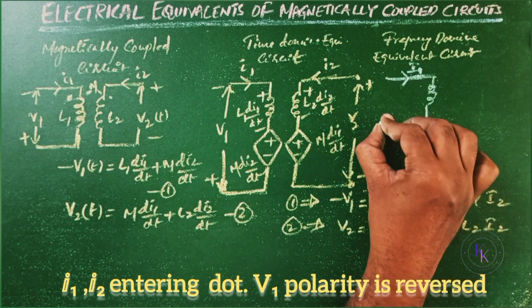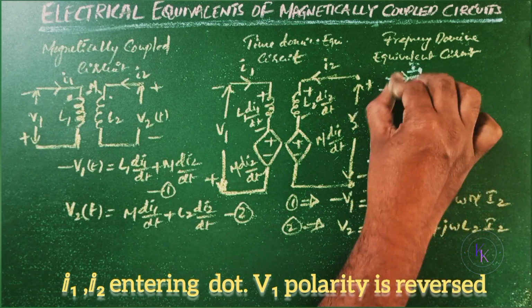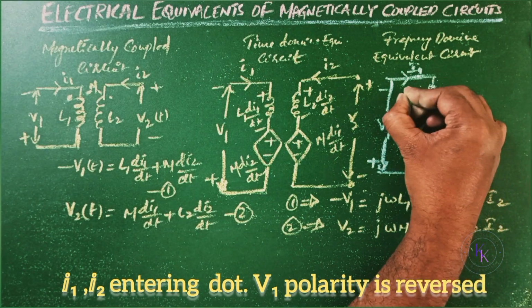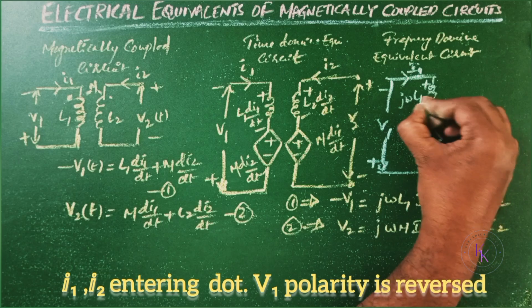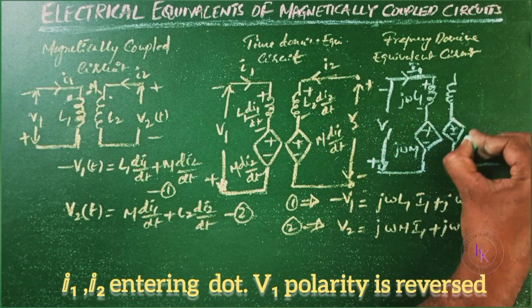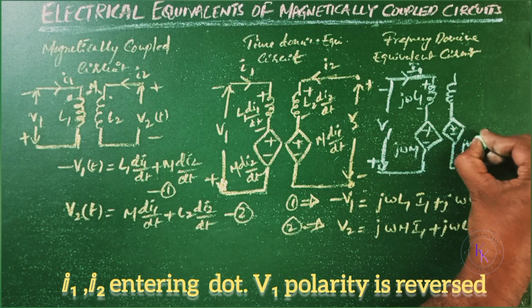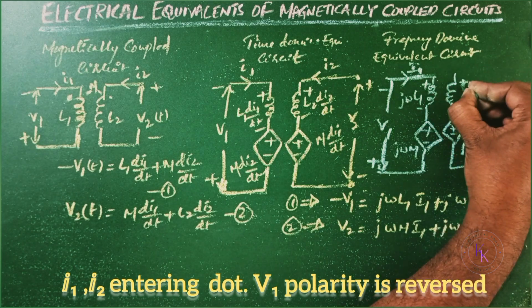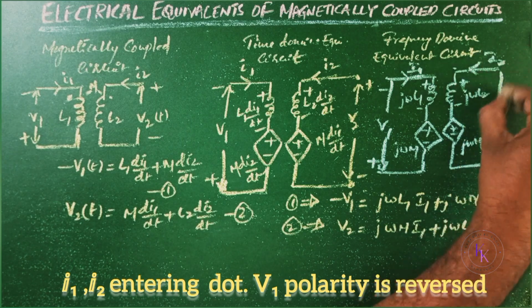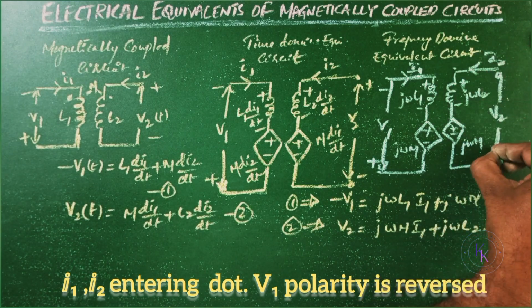I1, so V1 is positive here, negative here. Remember, the polarities are changed here for the input voltage. Then this is j omega L1, plus and minus j omega M, plus and minus j omega M, plus and minus j omega L2. This is the current I2 given to the voltage supply V2.